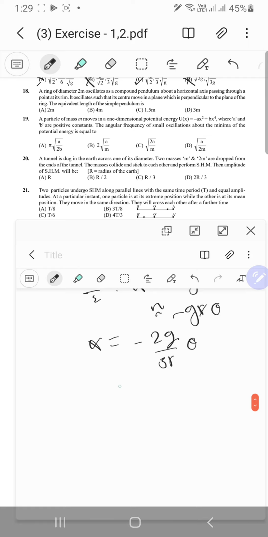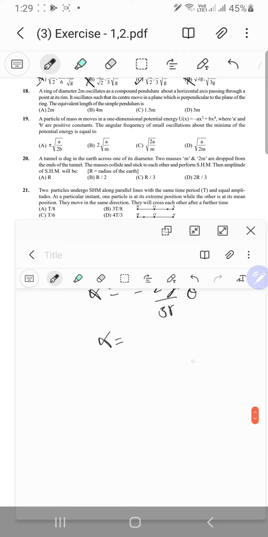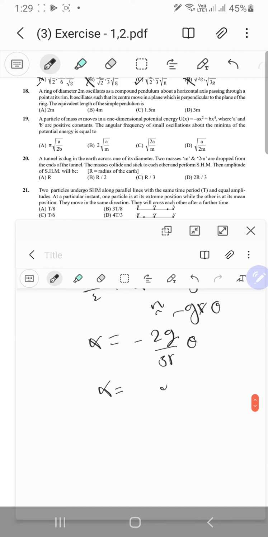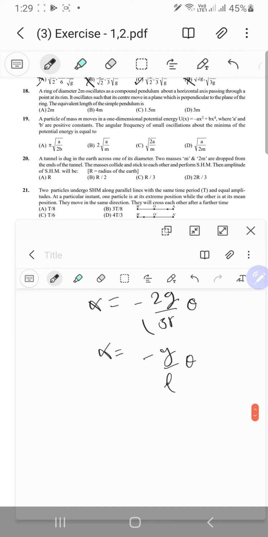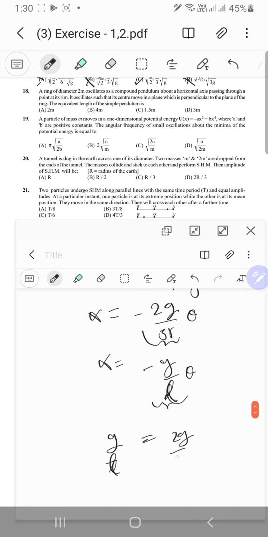We get alpha equal to g by L theta, which means these must be equatable. So this would be the equivalent length, right? So we get g by L equal to 2g upon 3r.